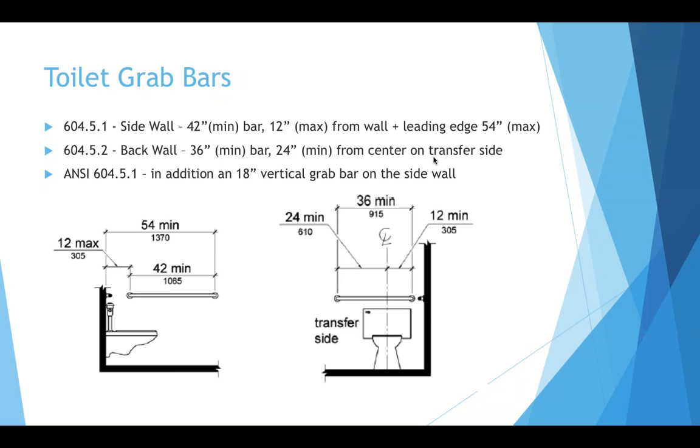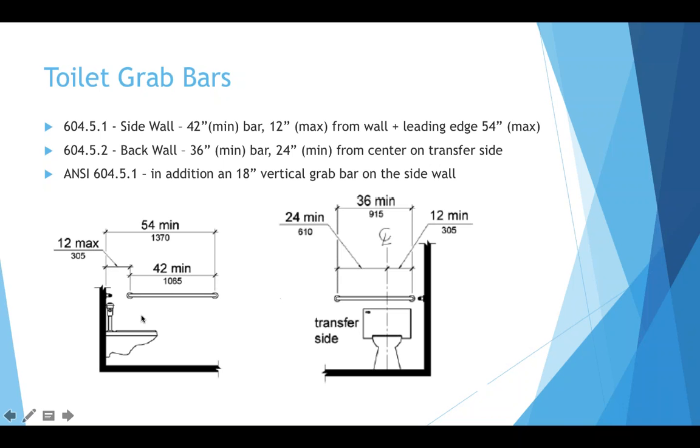But if you actually do the math and you put your toilet at 17 inches, that means your grab bar is now only 5, so you would be out of compliance because you wouldn't meet the distance from the center out. 24 inches, you'd only be 23. So what they've done is lock that back grab bar in with the water closet based on the center line: 12 inches on the short side, 24 inches on the wide side.